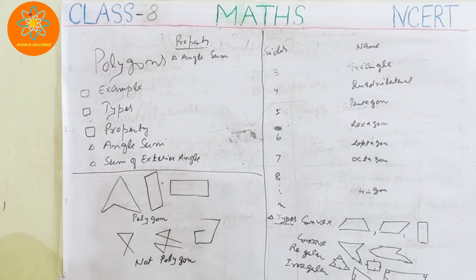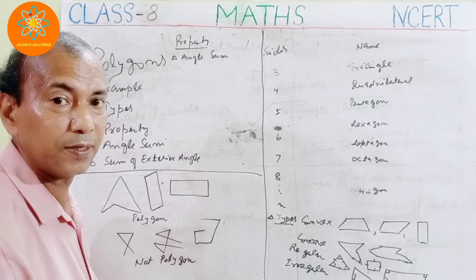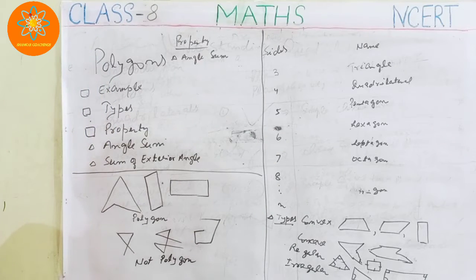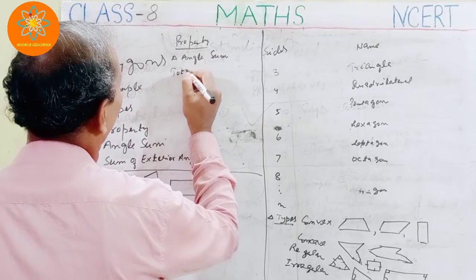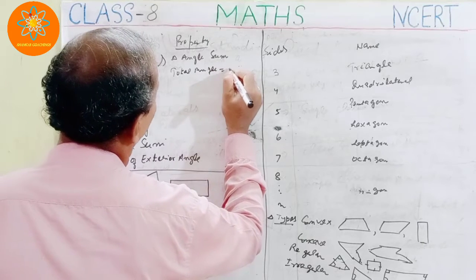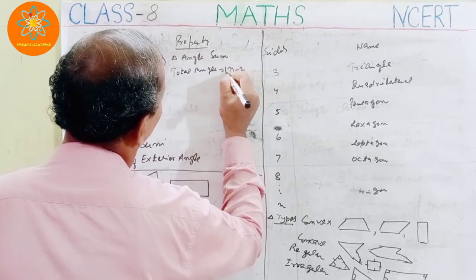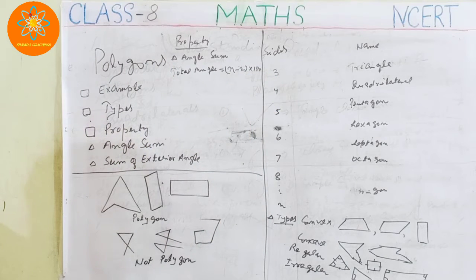Means what is the total sum of angles of a polygon? So let the number of sides be n. So total angle will be equal to how much? It is your n minus 2 into 180. Total angle is equal to n minus 2 into 180.